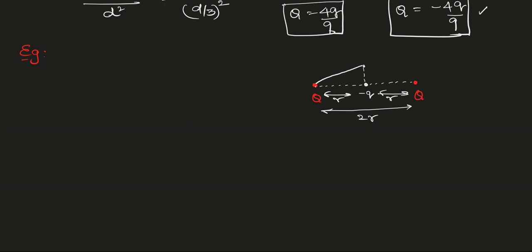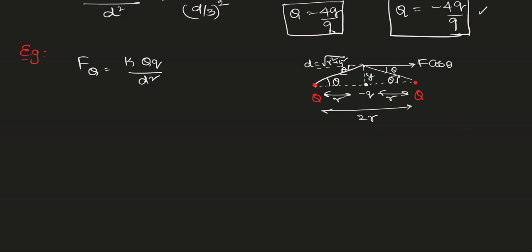Both the charges will attract this negative charge, and if this is y, then this distance will be square root of r square plus y square. Then that force F due to each charge will be K Q q by d square. But this force we can resolve into components. If this angle is theta, this angle will also be theta. So the cos components get cancelled, we will have only sine components.